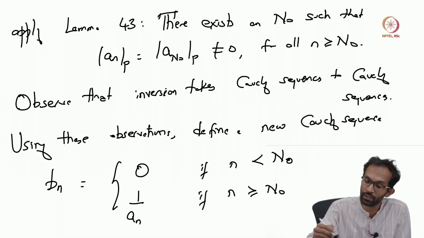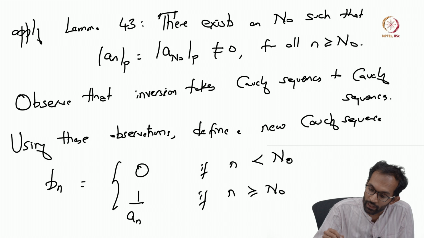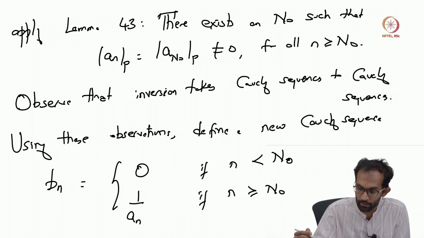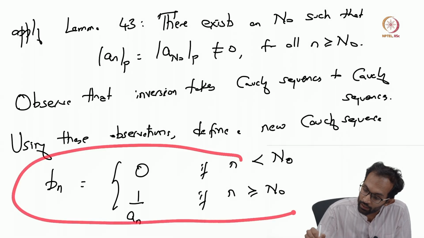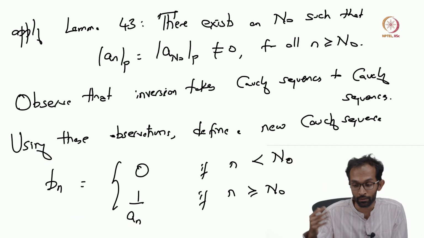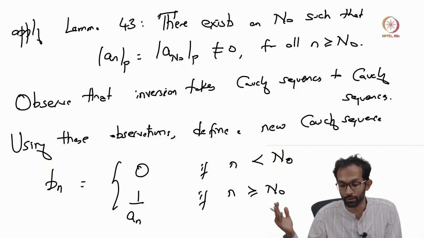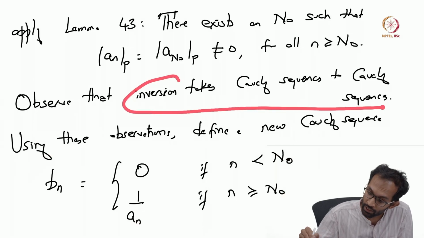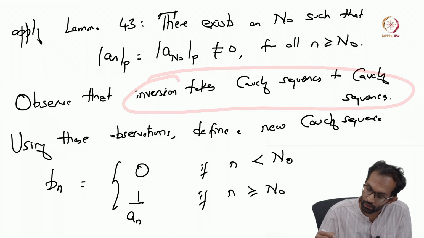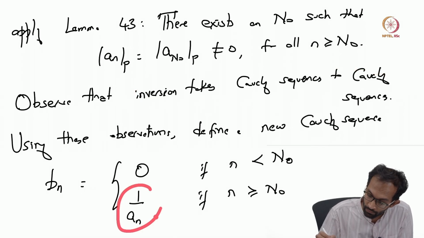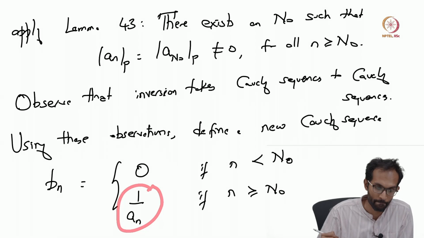None of these a_n can be 0 because by lemma 43 we observe that its p-adic absolute value is not 0, and the fact that this is Cauchy relies on the fact that the sequence a_n is Cauchy, and the property of being Cauchy is a limiting property. It only depends on how the sequence converges eventually, and we just saw that inversion takes Cauchy sequences to Cauchy sequences. So beyond this n naught, I've just inverted a_n.